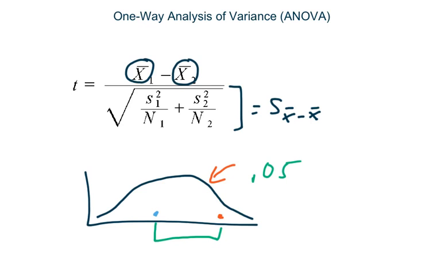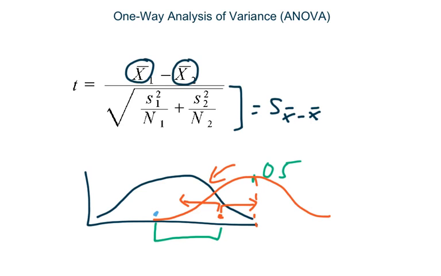If those means are so far apart that they would only happen in the same population fewer than 5 times out of 100, just by chance alone, then we reject the null hypothesis and we assume or infer that in fact one of the means came from a different population, that it's more likely to come from here than it is to come from here. So that's the basic concept of the two-sample t-test. Hopefully you're back up to speed on that.